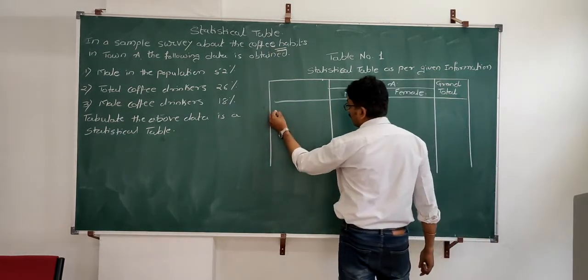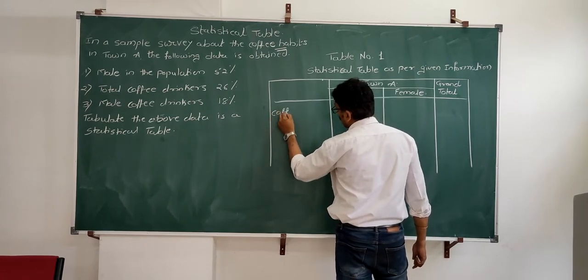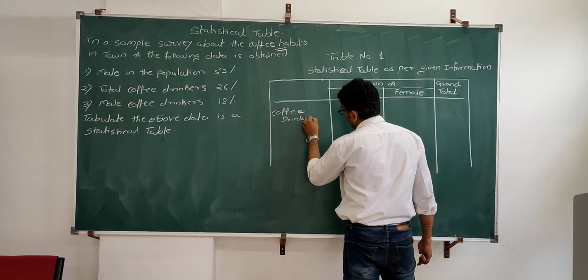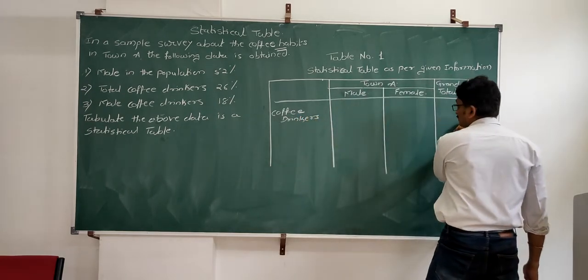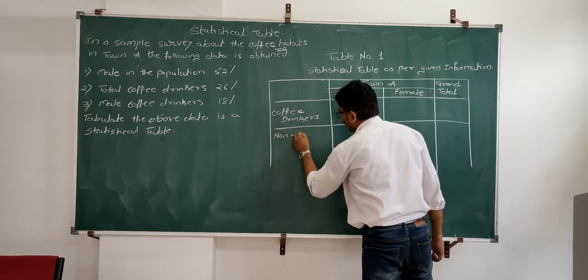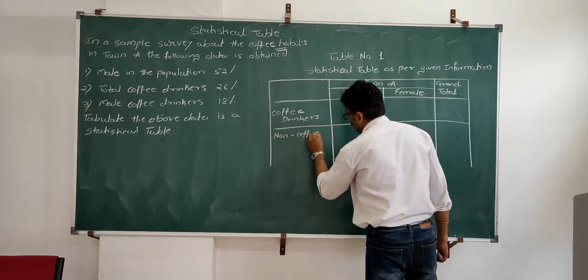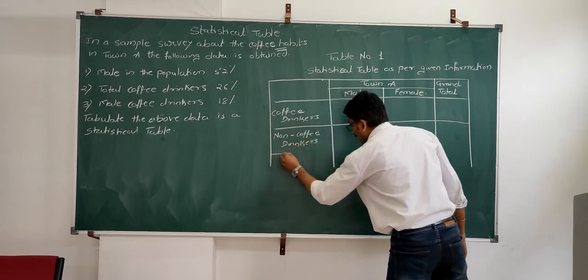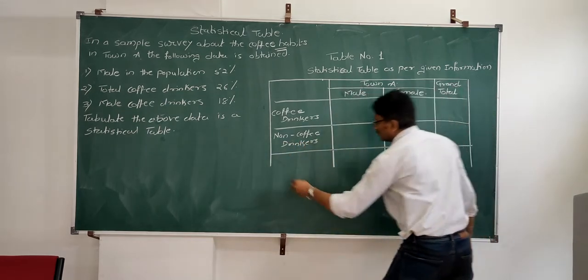So here I will write coffee drinkers. Another one is non-coffee drinkers. Again, the last column is grand total.